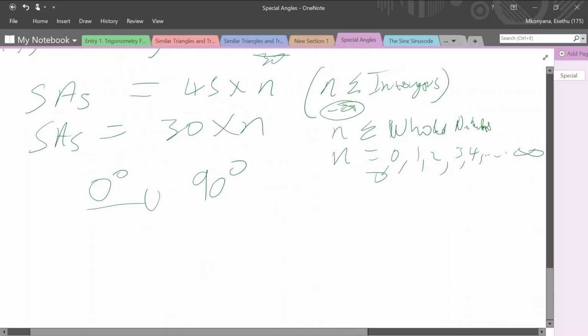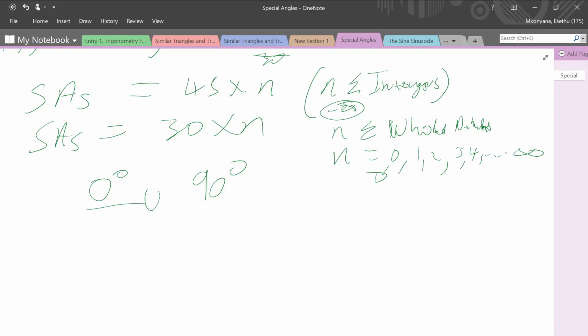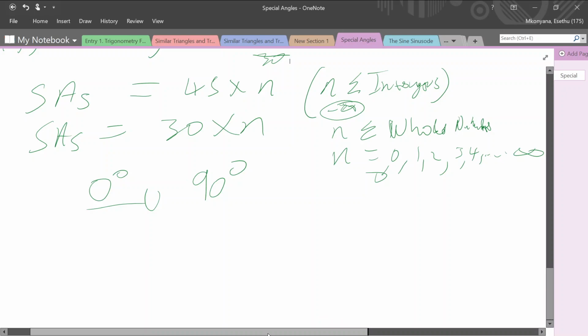Just refresh this and make sure that you understand it. If you have any question, you can post them in the comments, and then we will continue from this concept and develop a table of special angles and their trig ratios. We'll do that in the next video.